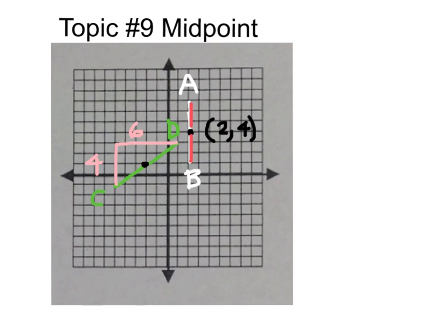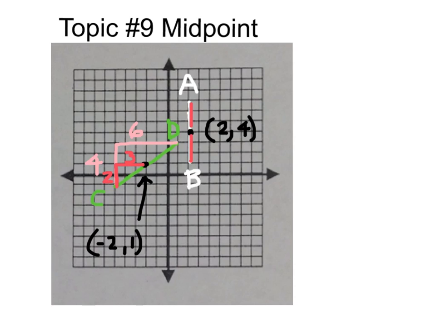Since I don't want to go from end to end, I only want to go from the end to the middle, I can take those two numbers and take half of each. So instead of going up 4, going up only 2, and instead of going over 6, going over 3, would give me the location of my midpoint there at negative 2, 1.